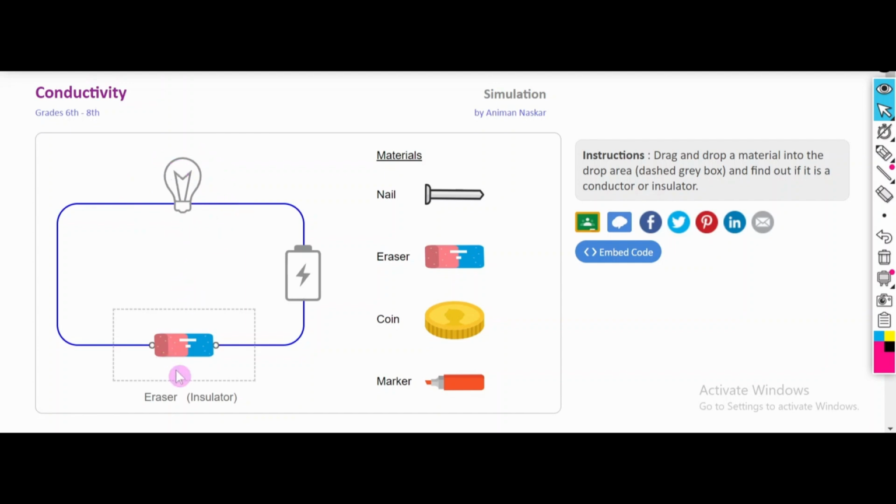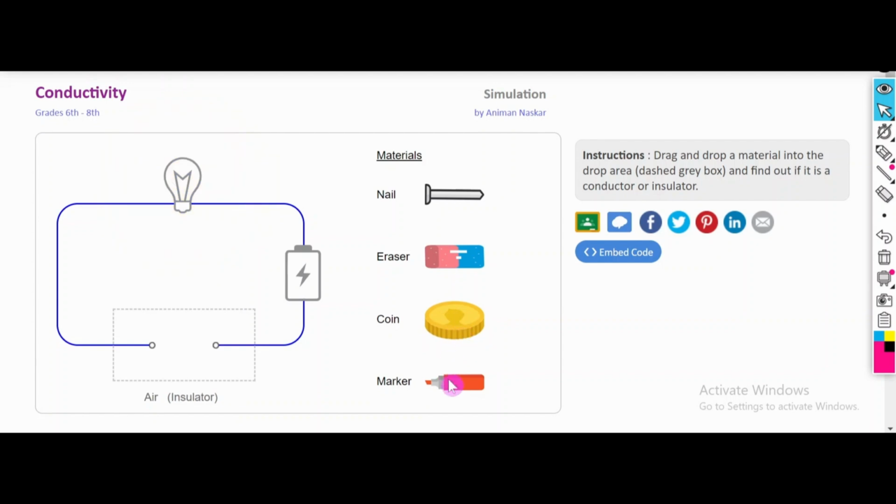So instead of this, if I put the coin here to close the circuit, then the bulb glows. Here the electrons are in the conduction band, so it allows the flow of charges, and this is the conductor. Their resistivity is less, and therefore it glows.